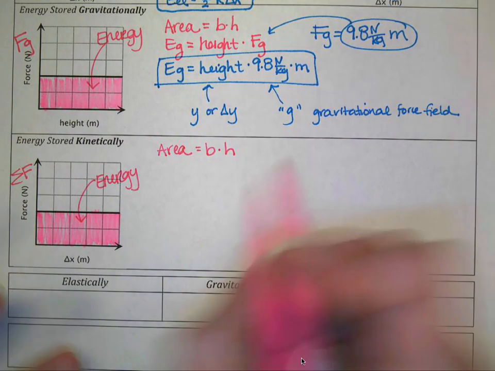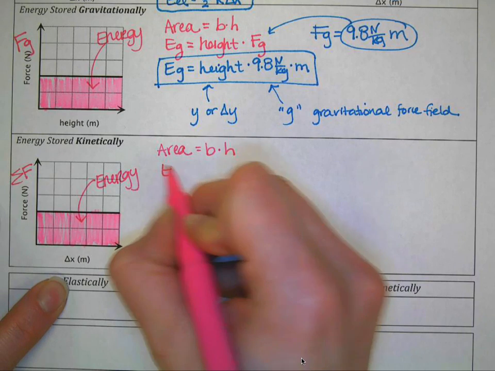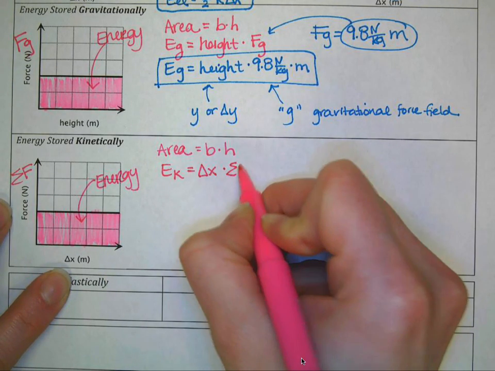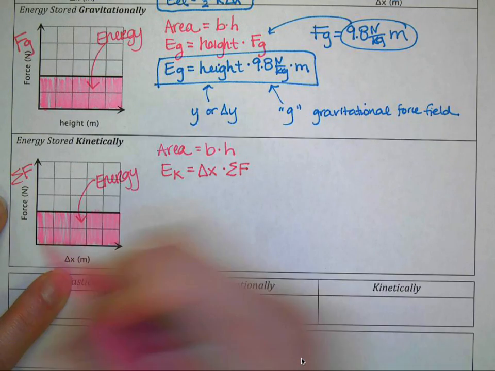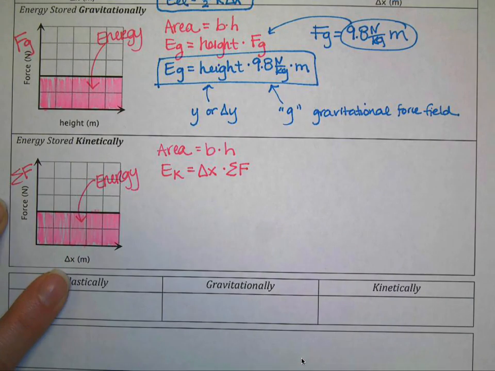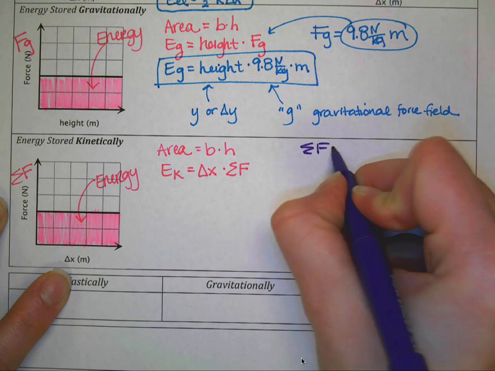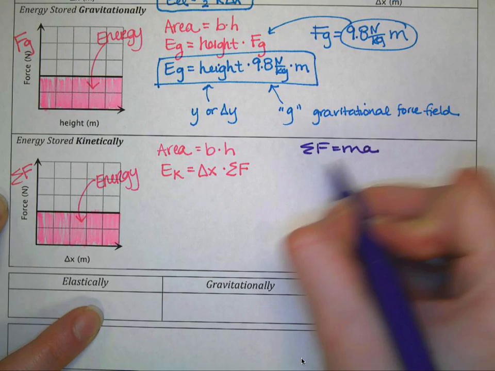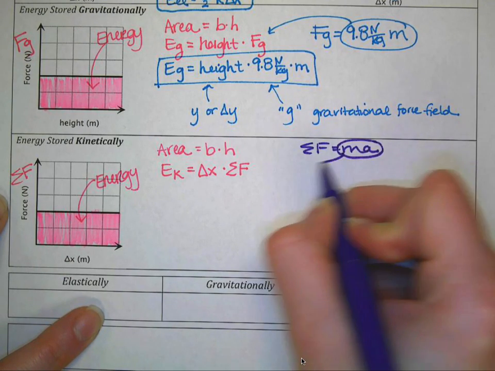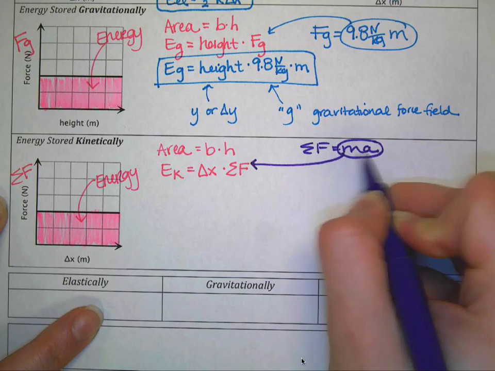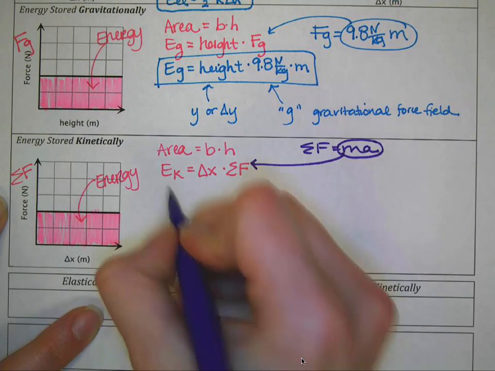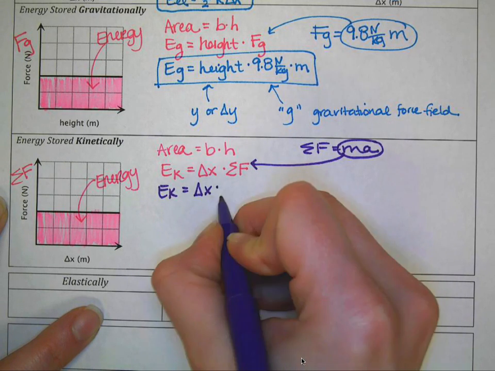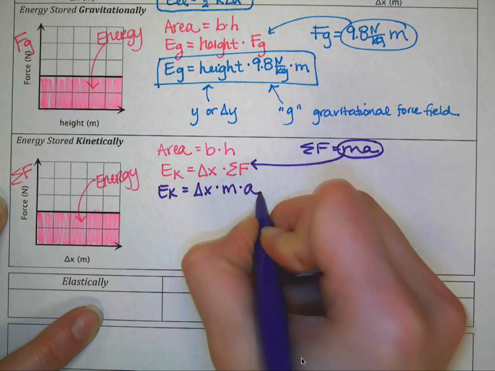And on that note, energy stored kinetically is equal to displacement times our net force, our height. We know that net force is equal to mass times acceleration, your favorite equation from last unit. And if we want to substitute in for our net force, again, something we don't generally measure, you can substitute in mass times acceleration. So energy stored kinetically is equal to displacement times mass times acceleration.